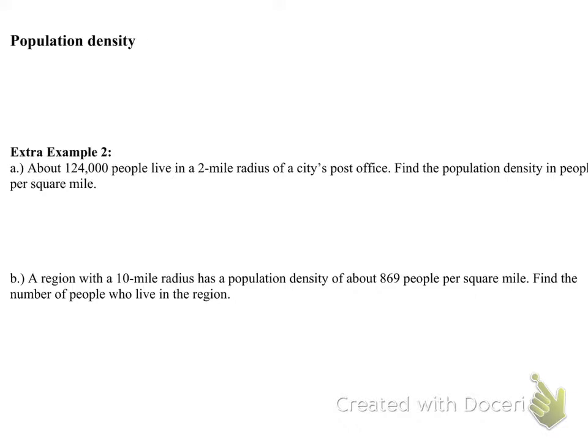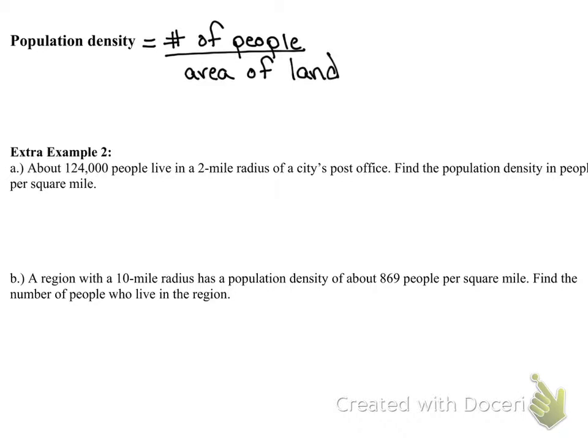So population density takes into consideration the number of people in the area of land. So the population density is equal to the number of people divided by the area of the land that they all reside in. There's our formula for population density.